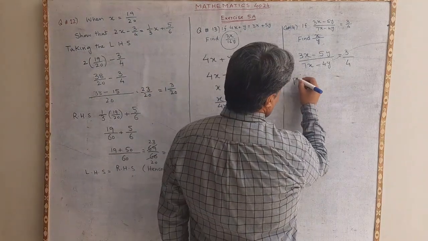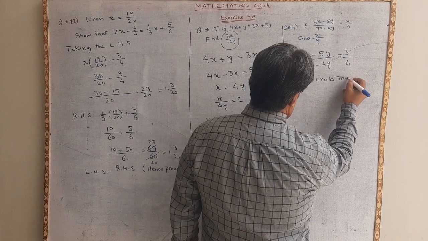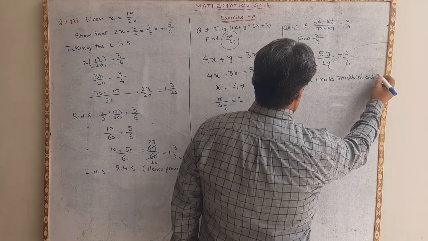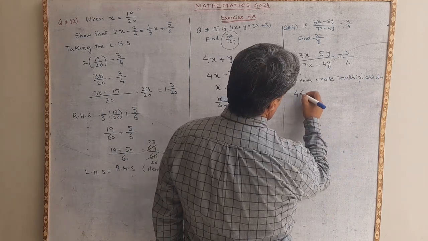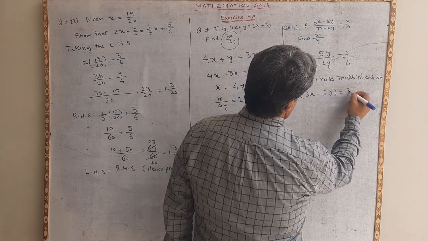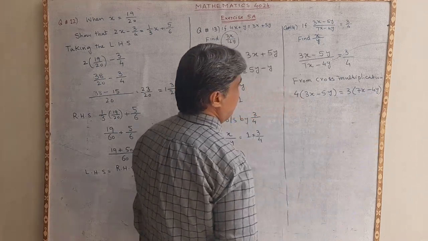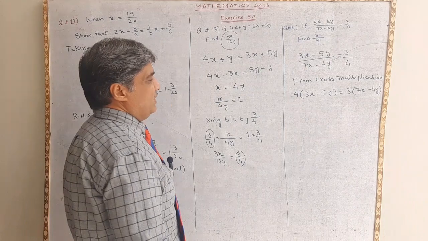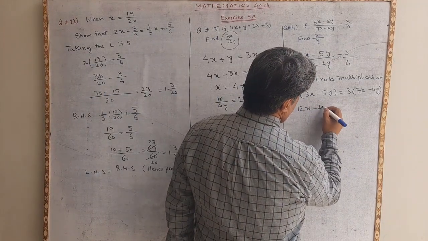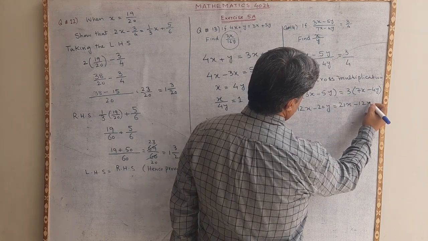So I am writing cross multiplication: 4 into 3x minus 5y is equal to 3 into 7x minus 4y. Now we have to multiply this, so 12x minus 20y and 21x minus 12y.